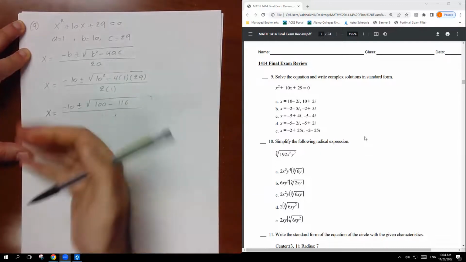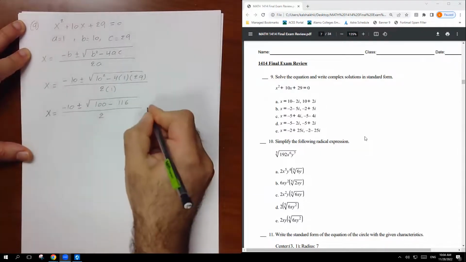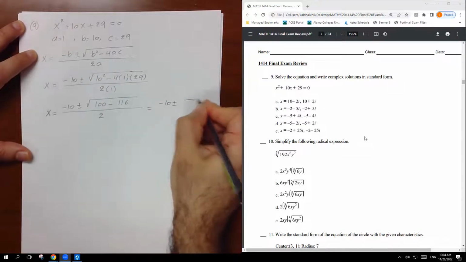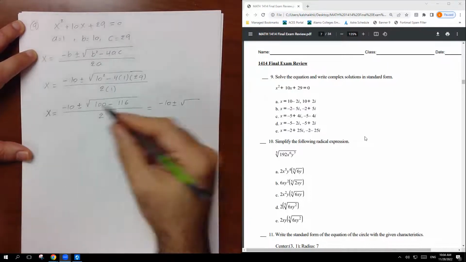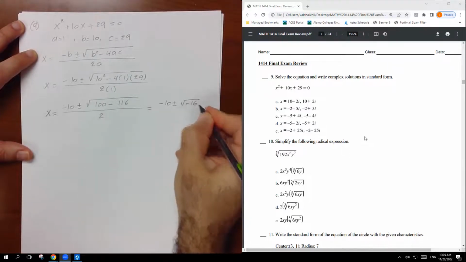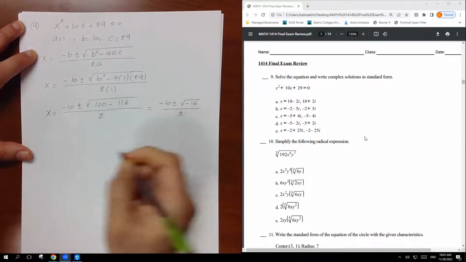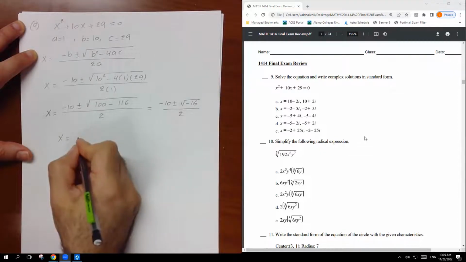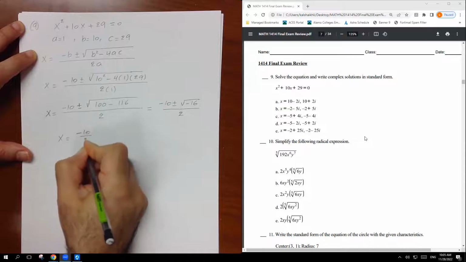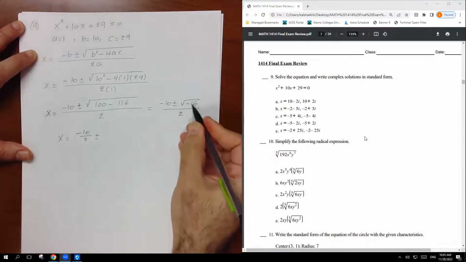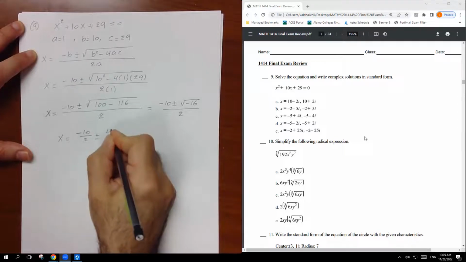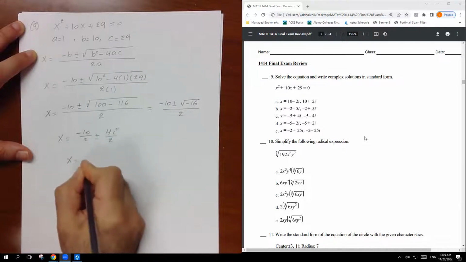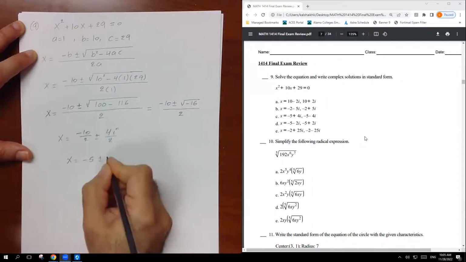This is equal to negative 10 plus or minus the square root of 100 minus 116, which is negative 16, and everything divided by 2. That means x equals negative 10 divided by 2, plus or minus the square root of negative 16, which is 4, and the negative sign gives i, divided by 2. In this case, x is equal to negative 5 plus or minus 2i.